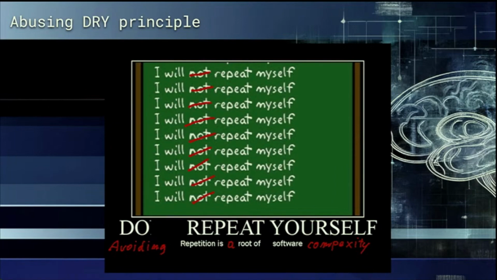What else? Avoiding repetition by all means also might lead to introducing dependencies on some libraries, where it might be the only dependency on this library that you have. But you recall that, okay, there was some method that does filtering, for example, which I could write in a single line of Python with list comprehension.